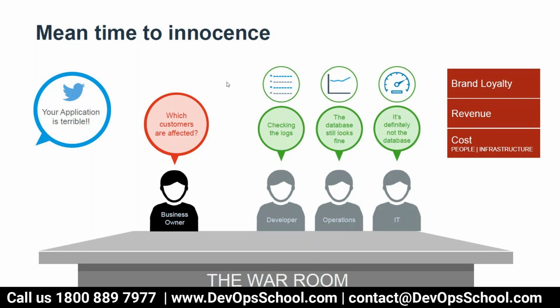That means if you have a problem and you are going to find the root cause, different folks will look at different things. The developer is looking at the logs, operations is looking at the database, and IT is looking at the infra.